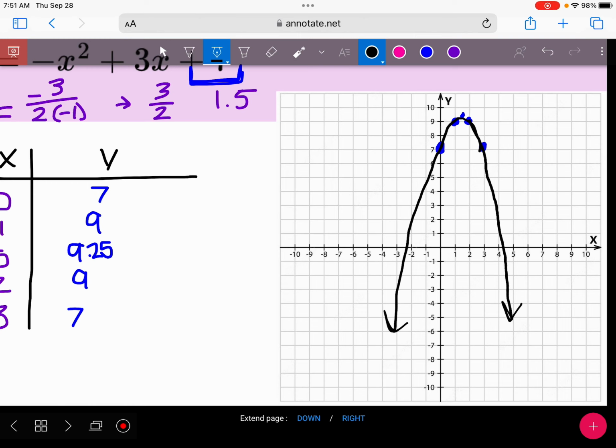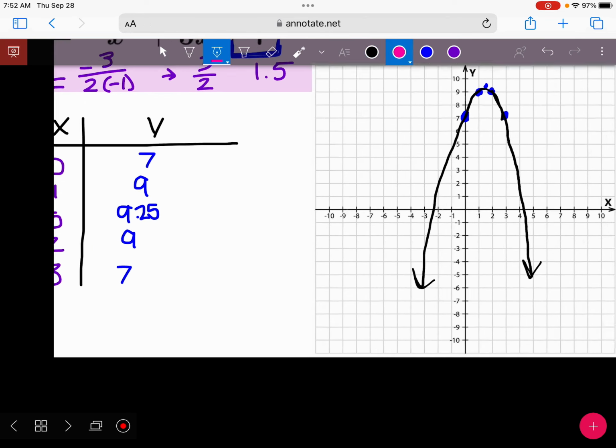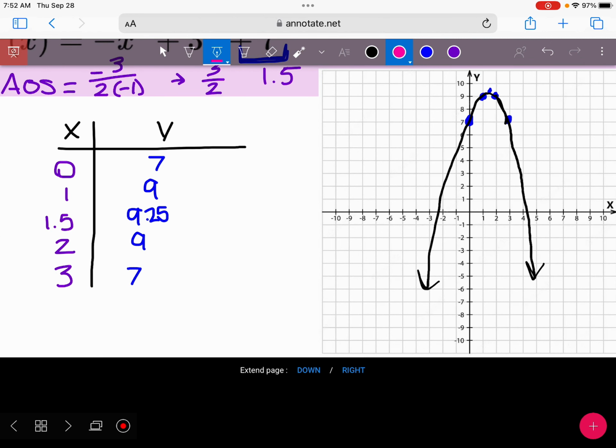And we get roots that don't hit properly. They're not hitting at the right spot. We got something that's in between. They're not right at a dot, and that's okay. We're not going to get super specific, and we're not going to guess.